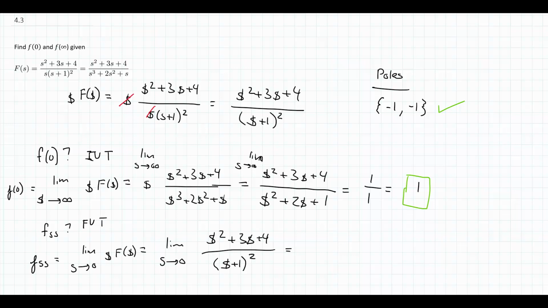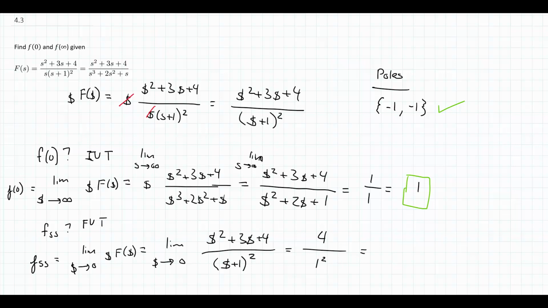All right, now looking at this, s going to 0 does not make the denominator 0. I'm not dividing by 0, so that's not going to be a problem here. So I can simply make s equal to 0 and do the limit. So on the numerator, I have 0 plus 0, and then I have a 4. And in the denominator here, I have (0 plus 1) squared, or just 1 squared.